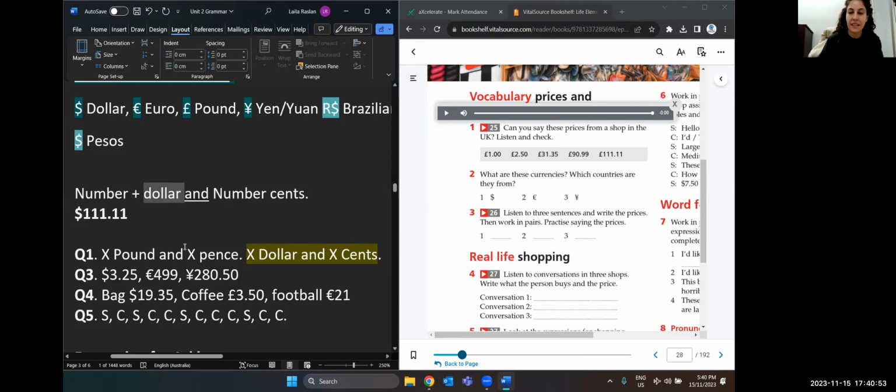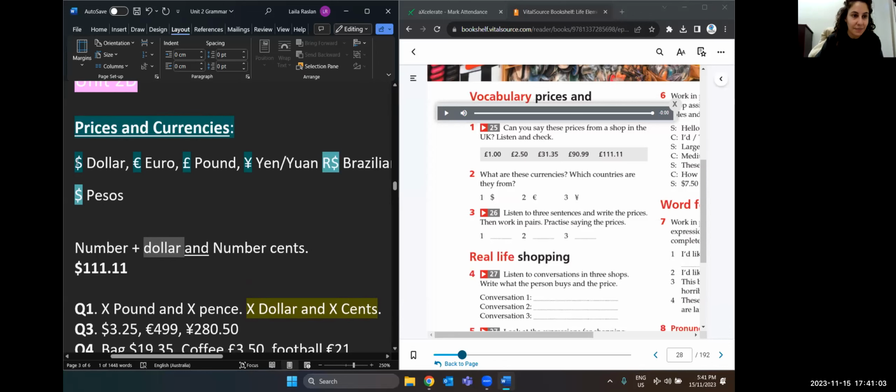Okay, so as I said, in the world, different countries have different currencies. Remember, currency just means the symbol, what do you pay in? In Australia, we say dollars. So that's the first one. It looks like this. The second one is a euro, which you use mostly in Europe, Italy and France. The next one is the yen or the yuan, used in China or Japan.